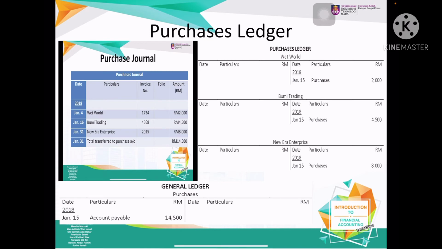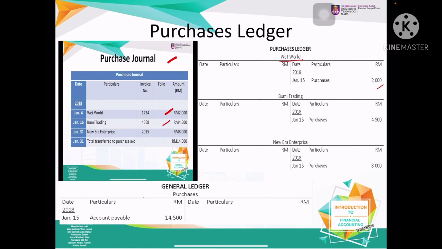Let's have a look at how it is supposed to be recorded in our purchase ledger. Previously we prepared our purchase journal, and here we can see them side by side. For Wet World, we debit purchase and then we credit Wet World 2,000.